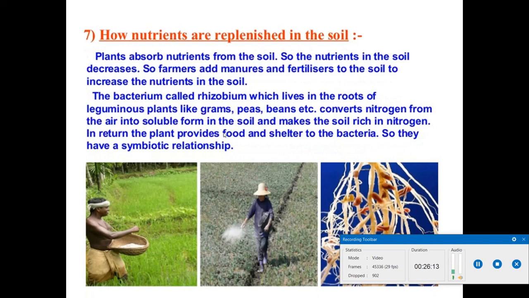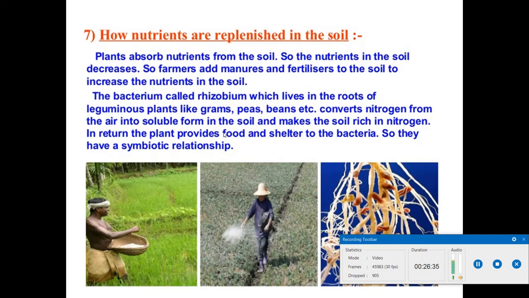Now, plants grow and obtain the nutrients from the soil. If they are continuously growing, the plants are continuously absorbing the nutrients from the soil. Then how are these nutrients replenished in the soil? This is the question.